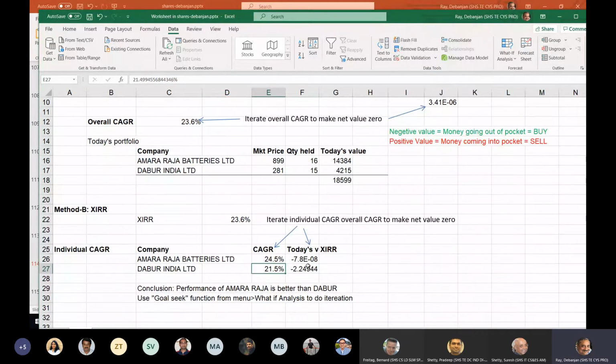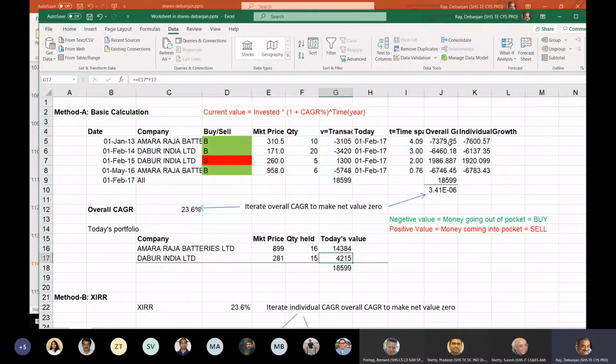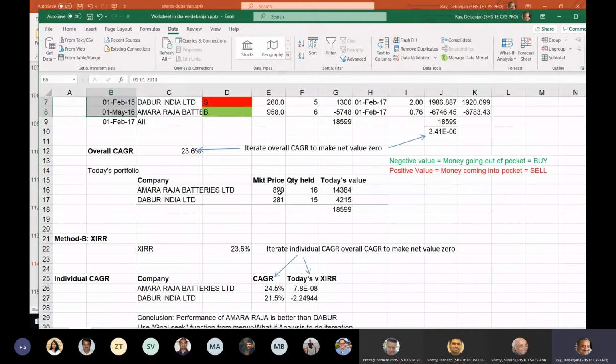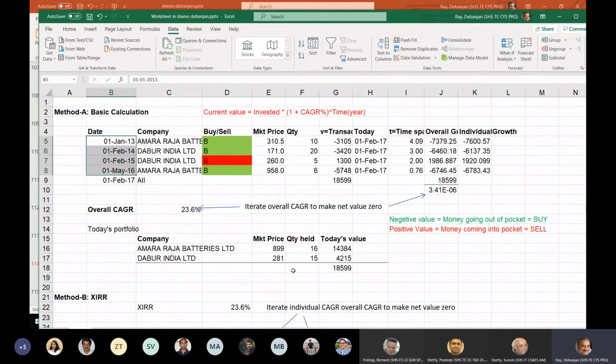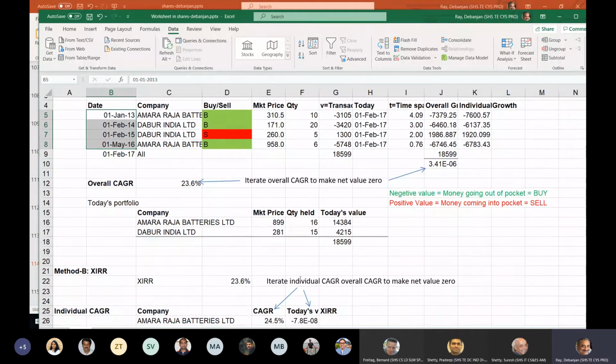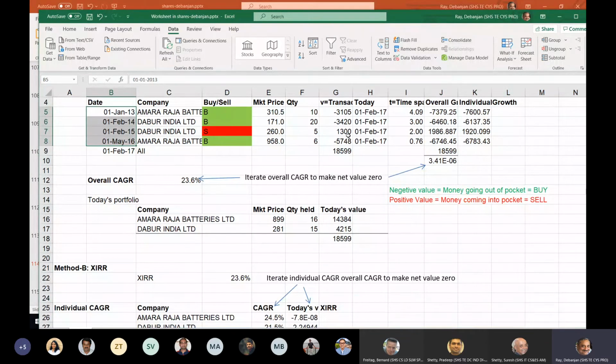Anyway, if you read the formula, it is very easy. You basically put in the dates and the values invested, and then XIRR will be calculated. Okay, I think I have not explained it fully, but it can be done very easily in Excel.